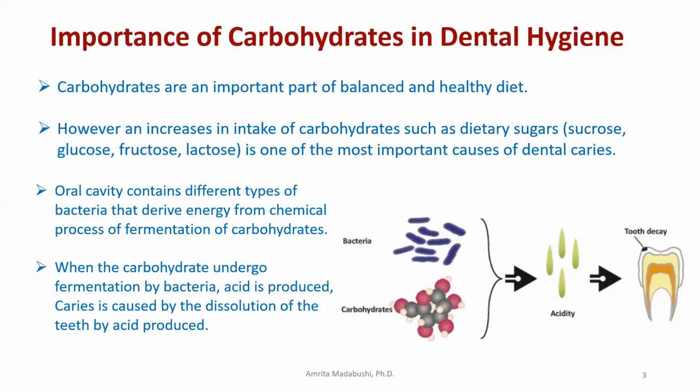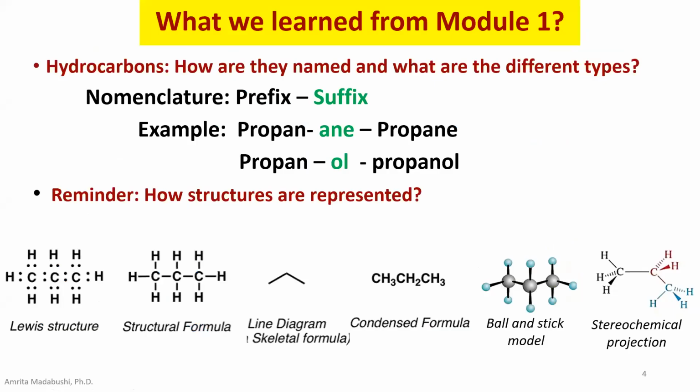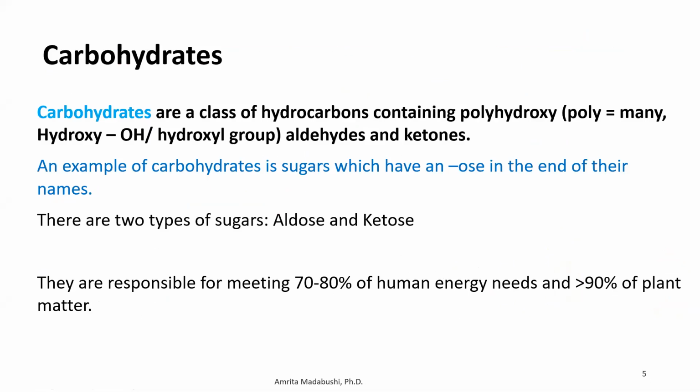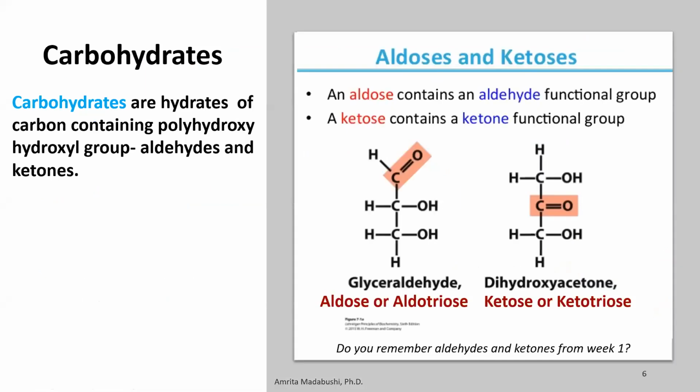In module 2, what is most important is, first of all, that you know how carbohydrates are represented: you always end them with OSE, and they can have an aldehyde or a ketone group. Of course, there is the structural part: aldoses have the group at the end, and ketoses have the group in the middle.